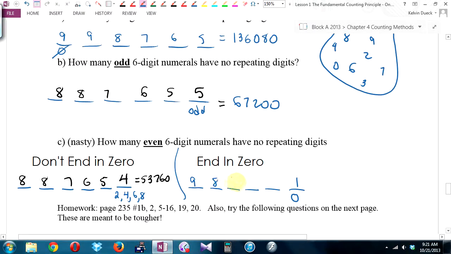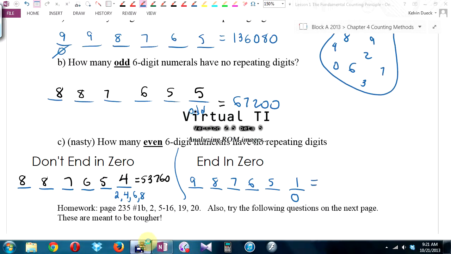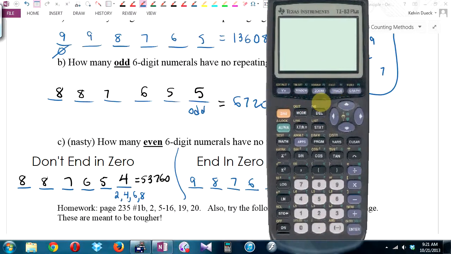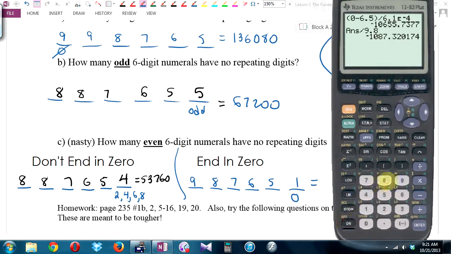Then? Nine times 8 times 7 times 6 times 5. 15,120?